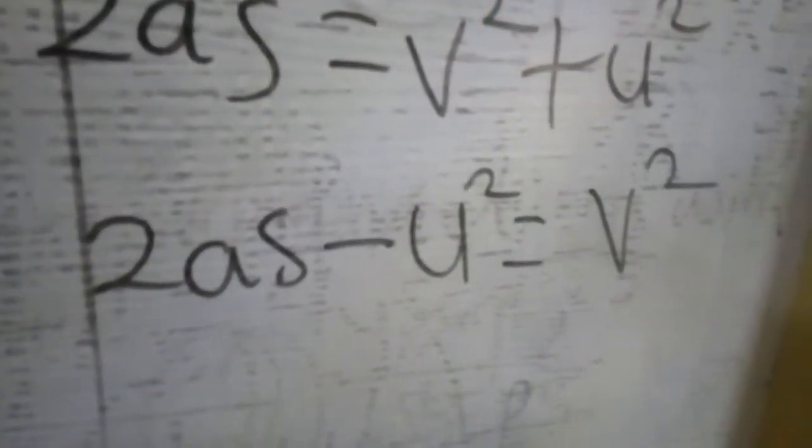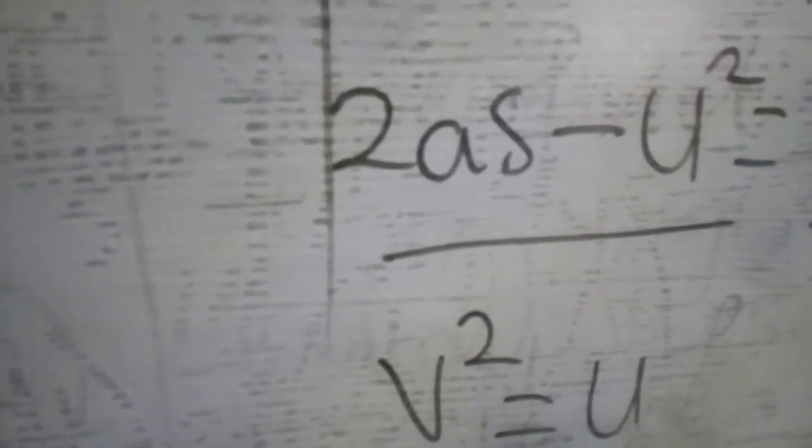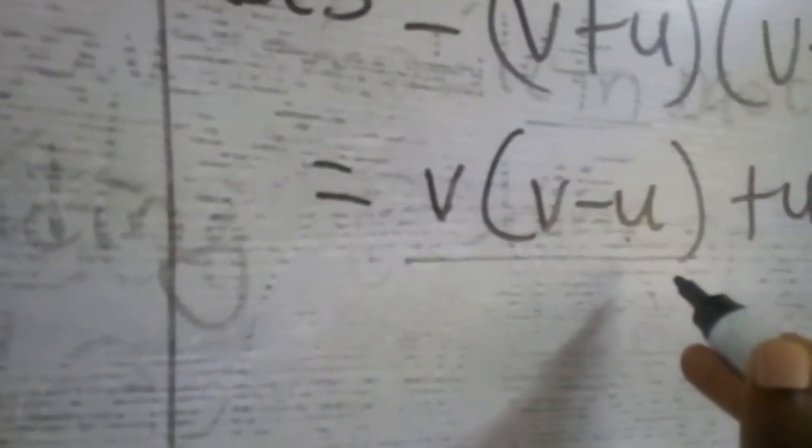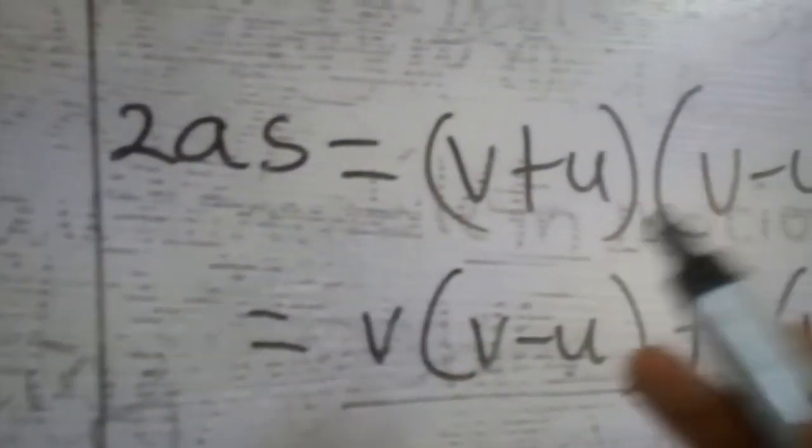And we have our third equation, which is what? V squared equals u squared minus 2as. Yeah, notice there was something wrong in the middle here. So we have v into v minus u plus u into v minus u, from our 2as equals v plus u into v minus u.